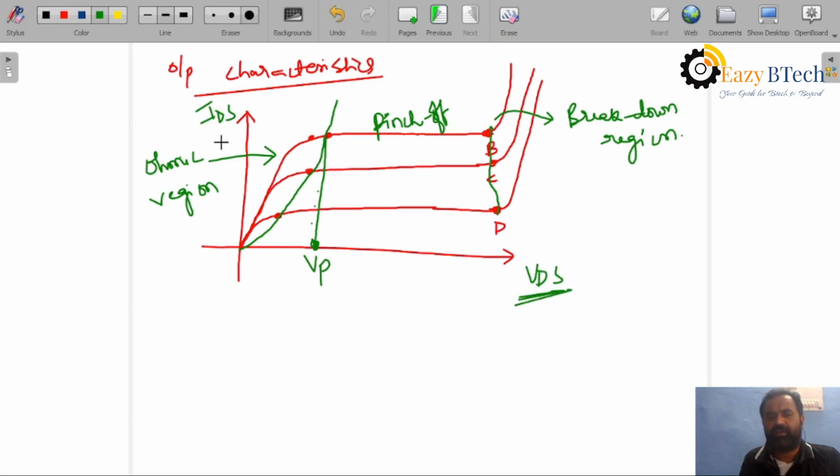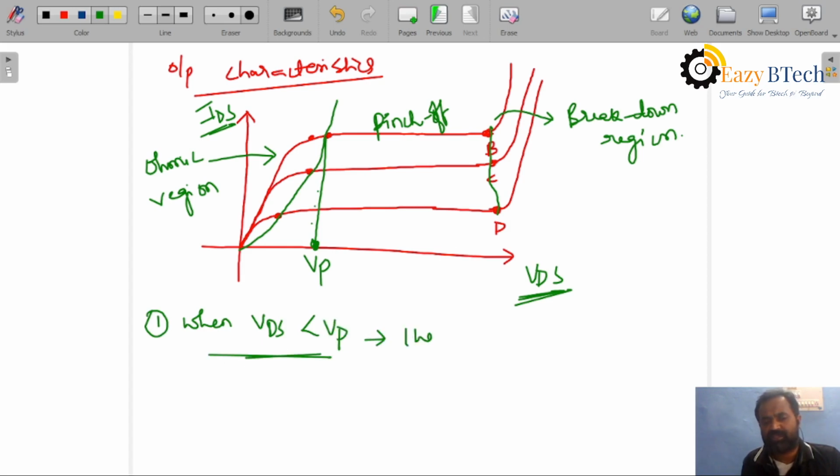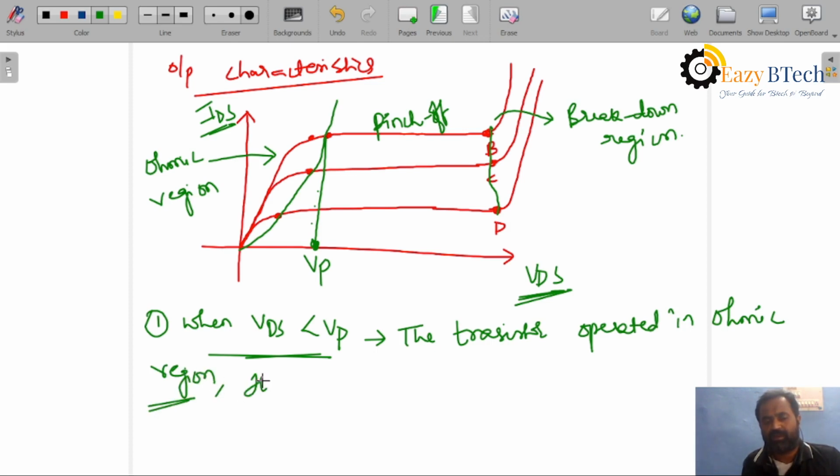Now when VDS is less than VP, the transistor operates in the ohmic region. It acts as a resistor.